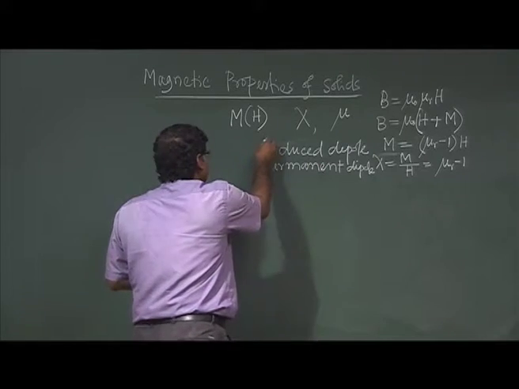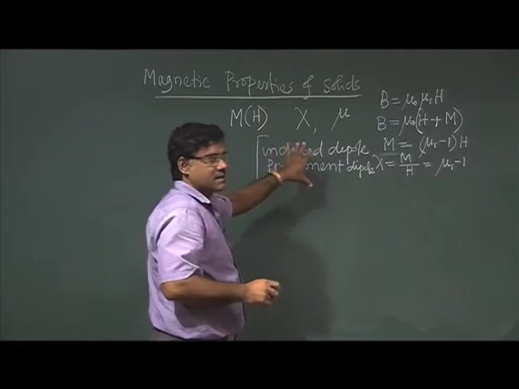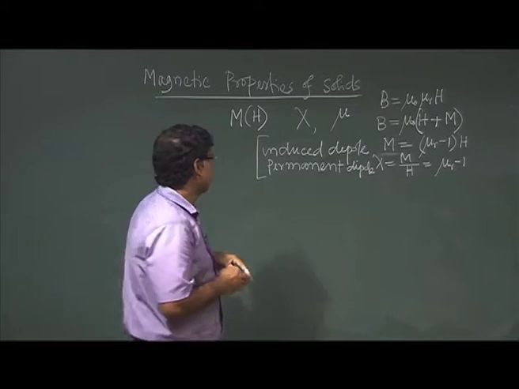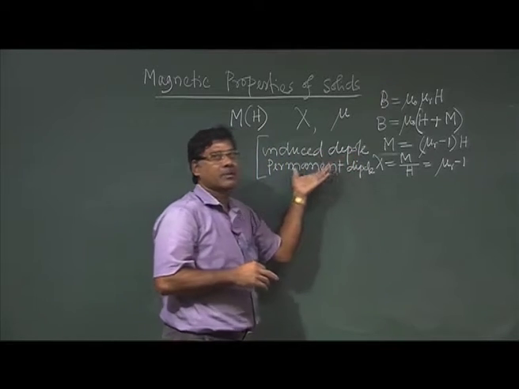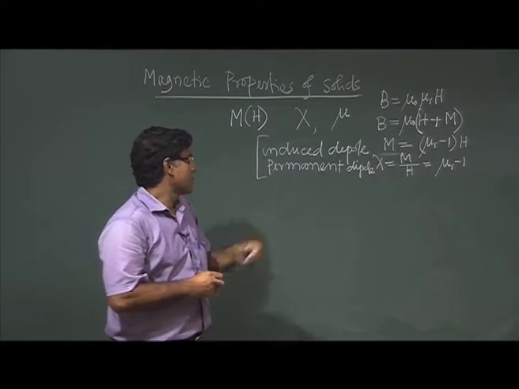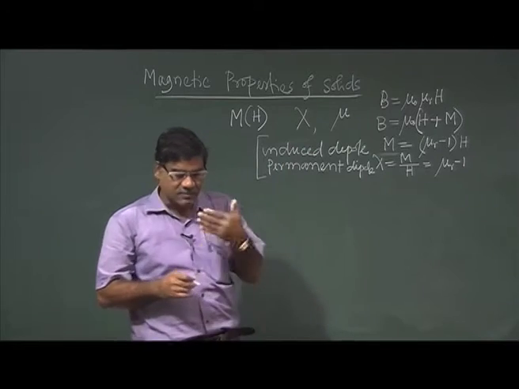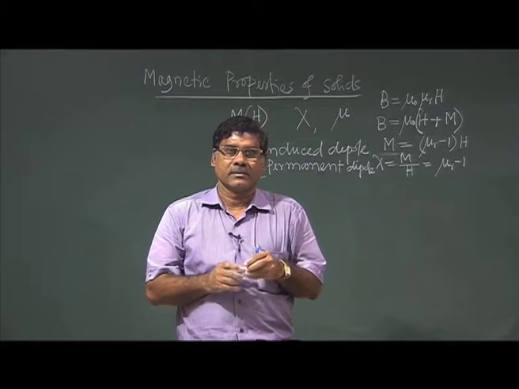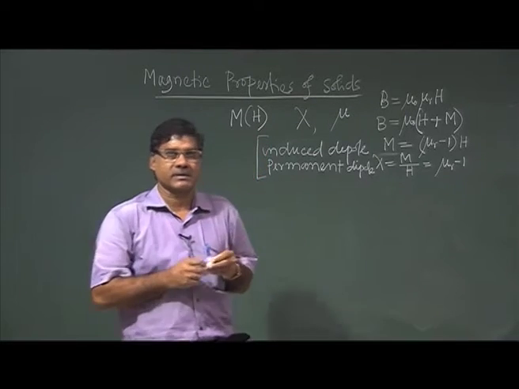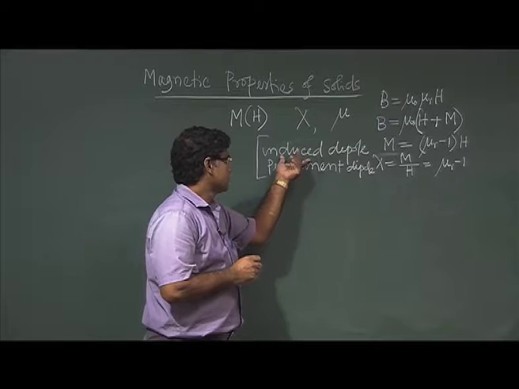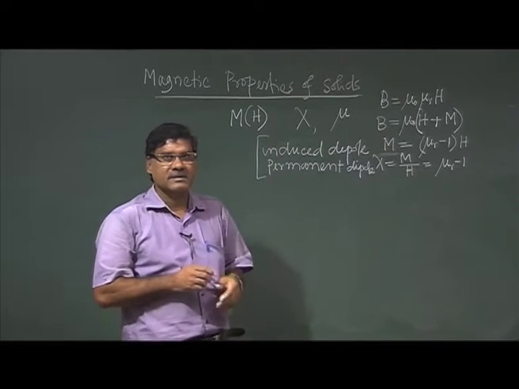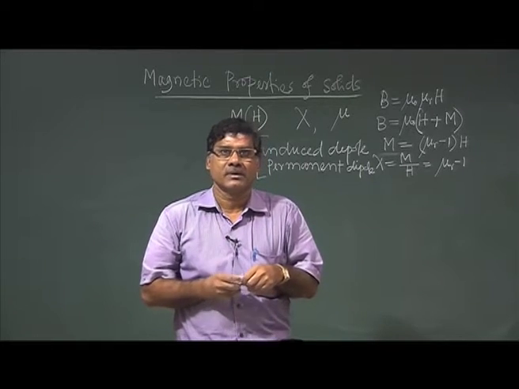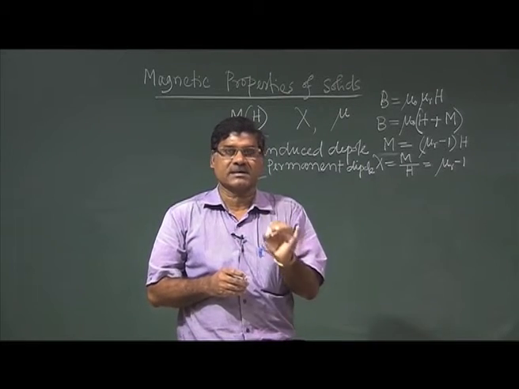So, as I mentioned, this material should have either induced dipole moment or permanent dipole moment. The induced dipole moment comes when you apply a magnetic field. But the permanent dipole moment has nothing to do with the magnetic field; the material itself has some dipole moment existing in it.